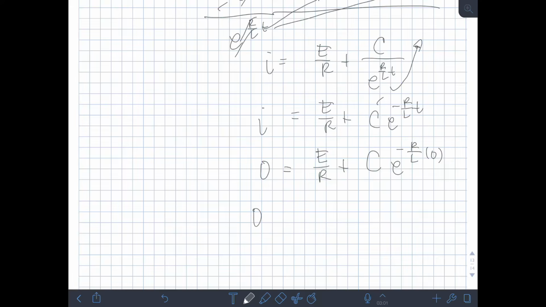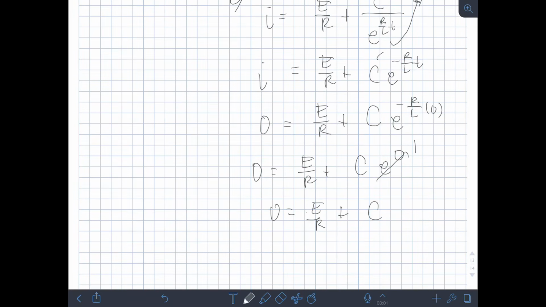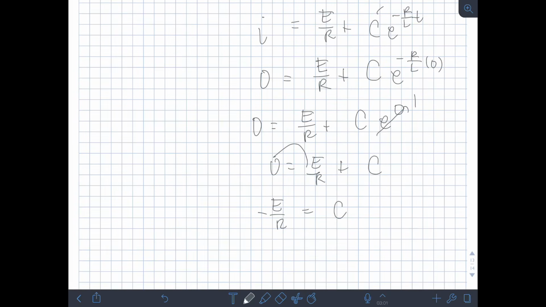So 0 is equal to E over R plus C E raised to negative R over L times 0, which is E raised to 0, or simply 1. We have 0 is equal to E over R plus C. Then we transpose E over R, so negative E over R is equal to C. Therefore, this is the value of C, negative E over R.